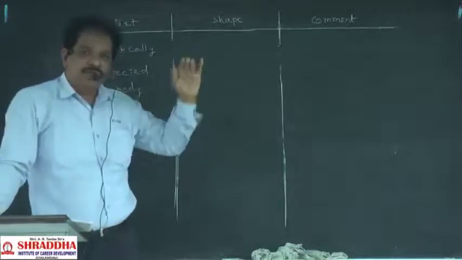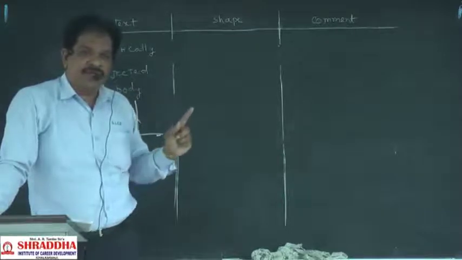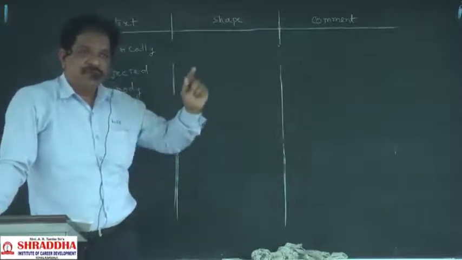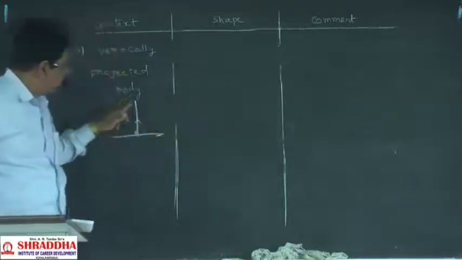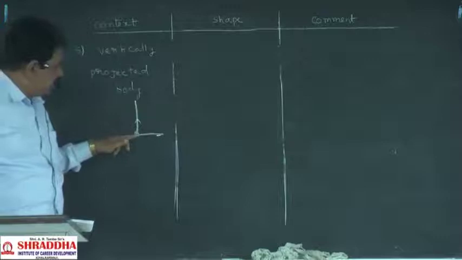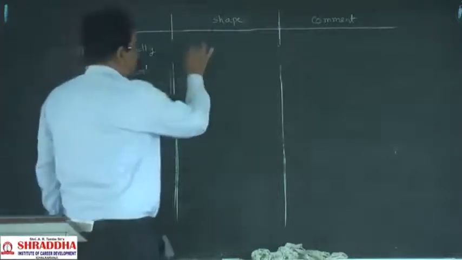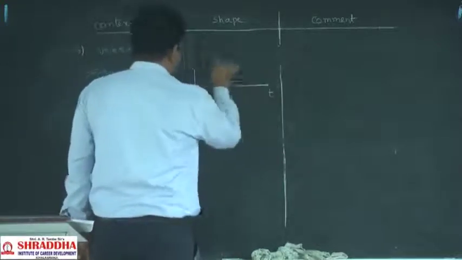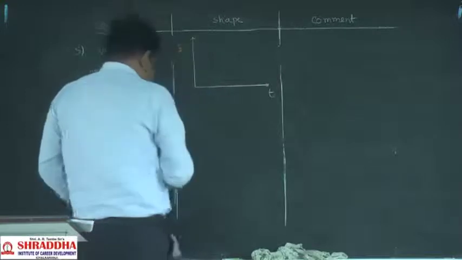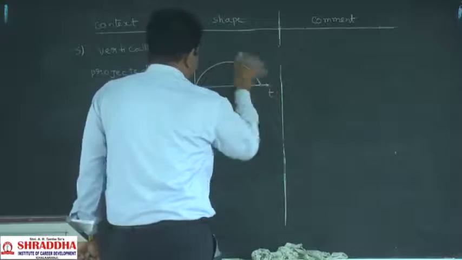When it is going up, its velocity will gradually decrease, and finally it becomes zero. Again its velocity will gradually increase and finally it reaches the ground. If we draw the displacement time graph in that case, the graph shape will be like this.